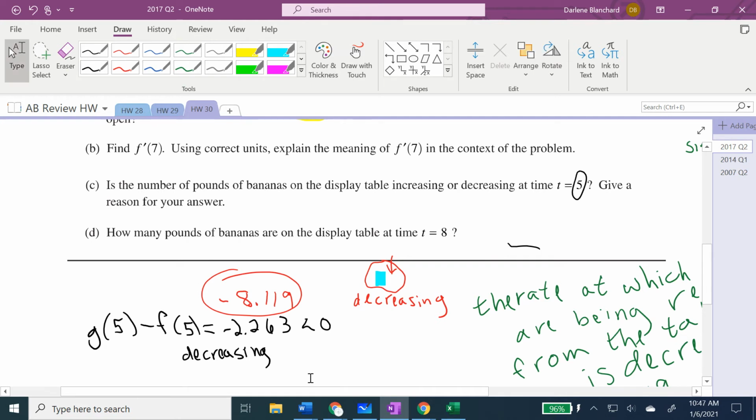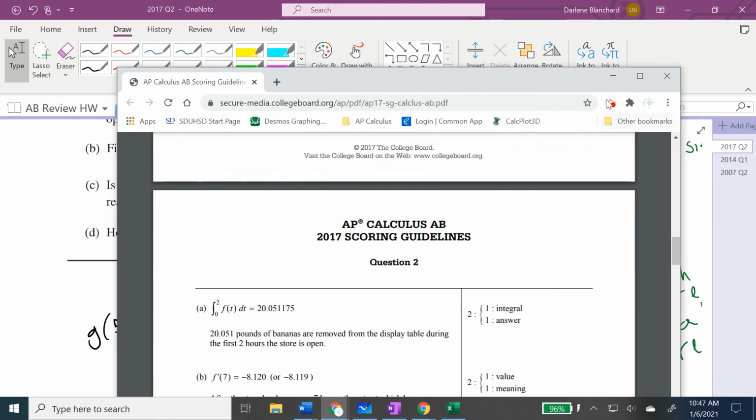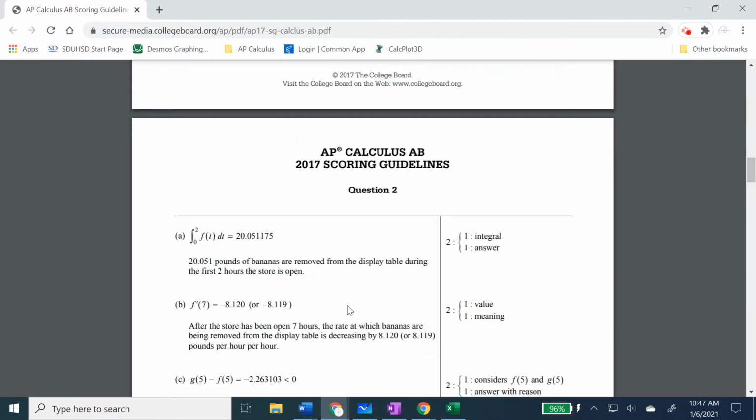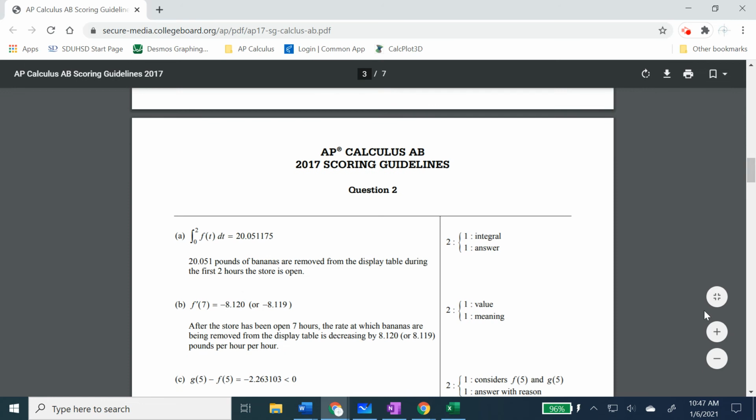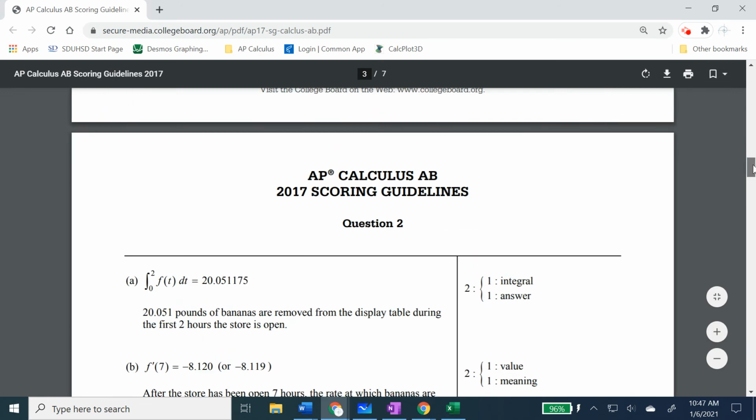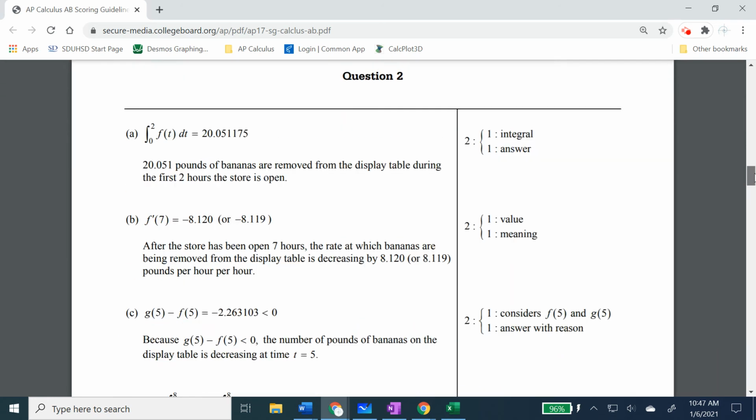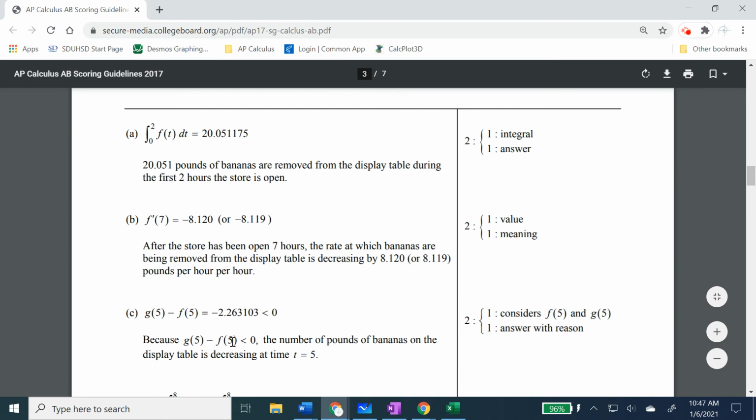And I don't tremendously want to write all the words on that right now, but you need to write down because, and actually I've got it right here. Try not to show the rest of it. There you go. Because that subtraction is negative, the number of pounds of bananas on the display table is decreasing at time t equals 5.